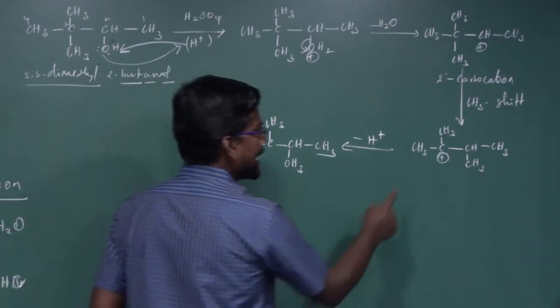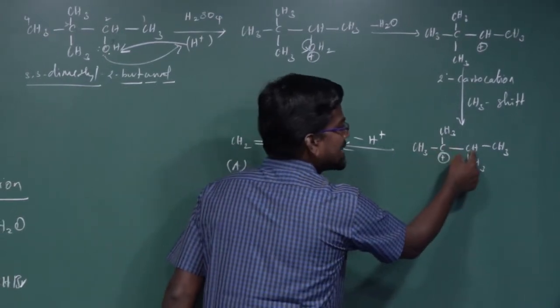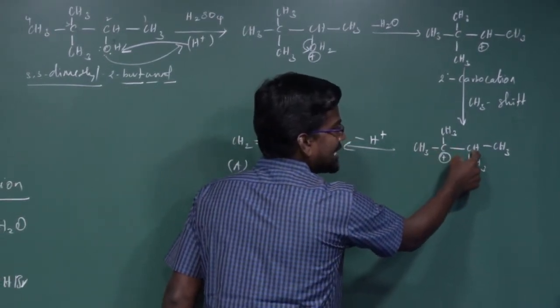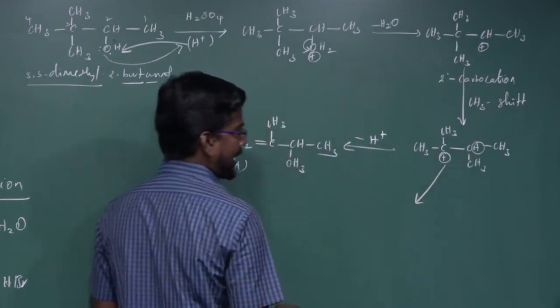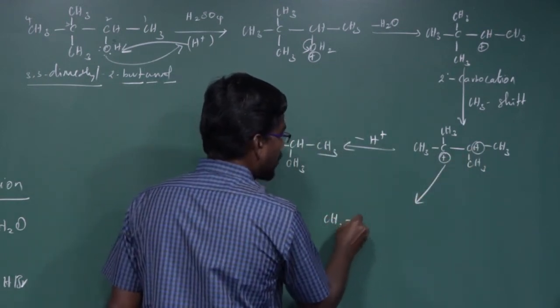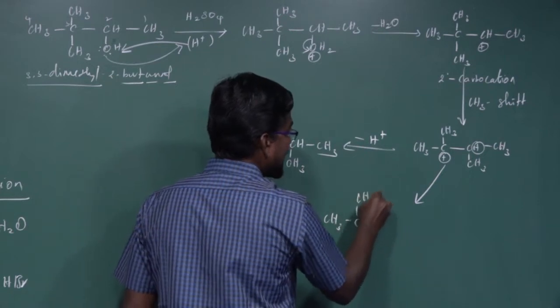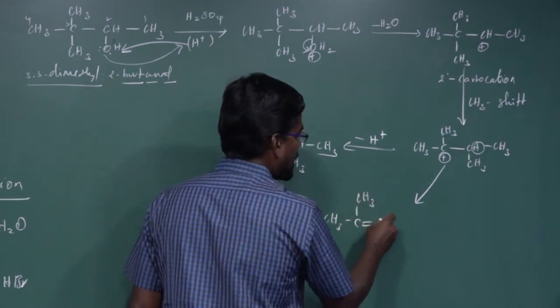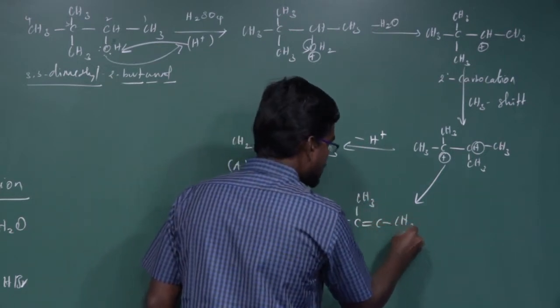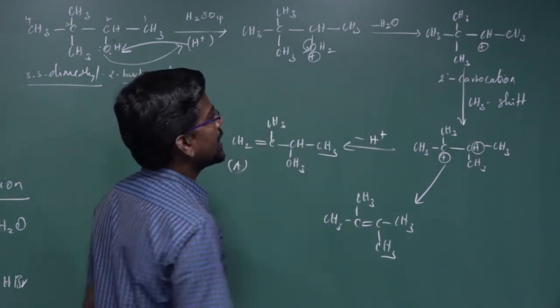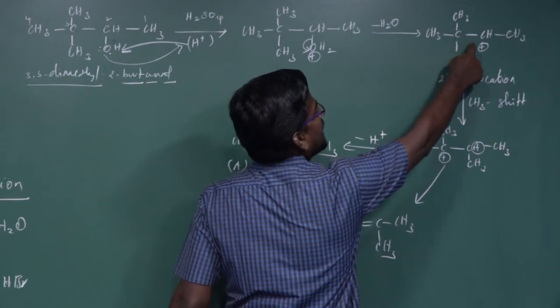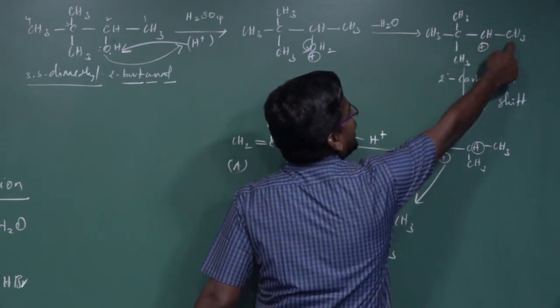Another way: the functional group carbon's nearest carbon is the CH carbon. When that hydrogen is removed, it forms another product, CH3 C, CH3 double bond C, CH3, CH3. Then the next carbon is the beta carbon.